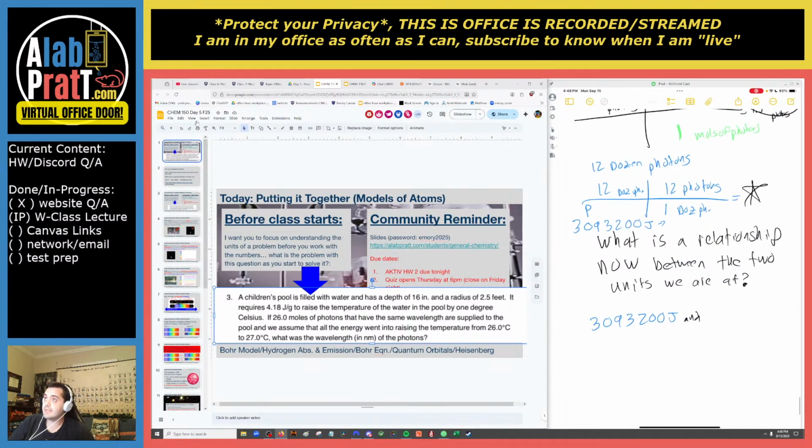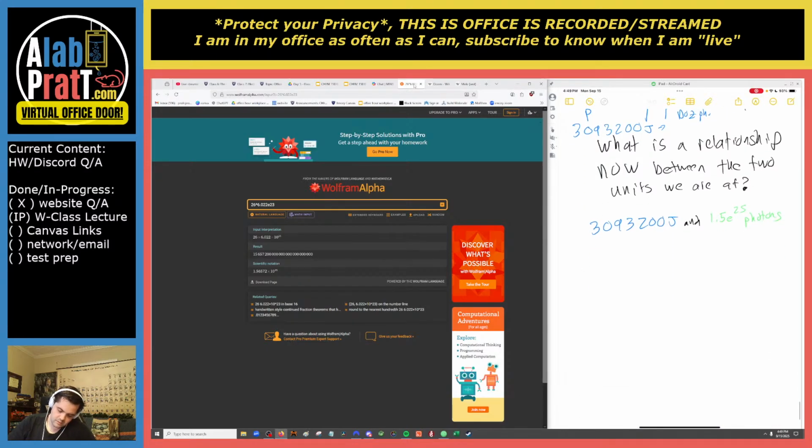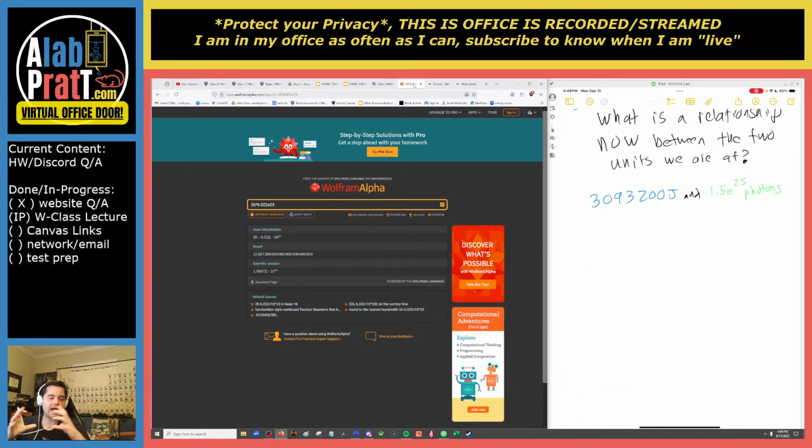Oh, I can write it from this, can't I? So I'm just kind of reorganizing. I've played with some similarities, how I can mess with these units. So this is how I'm thinking about it.